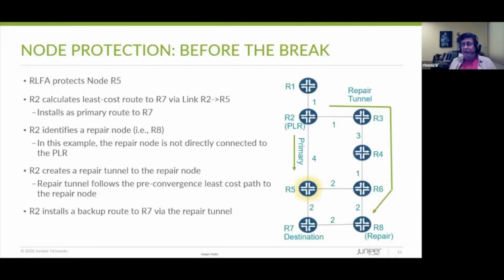That's R8. So instead of building a tunnel from R2 to R4, this time we build a tunnel from R2 to R8. When the link breaks, packets go along that tunnel. R8, the repair node, releases packets from the tunnel, and R8 forwards it along the one and only path to R7, and that's through R8, R7.